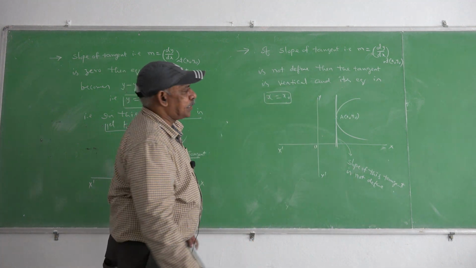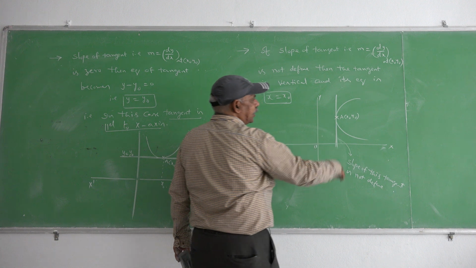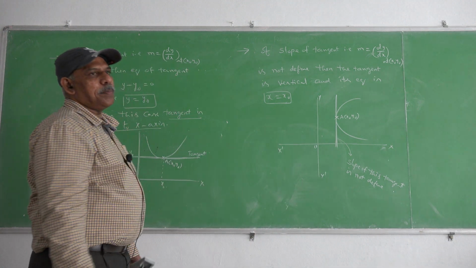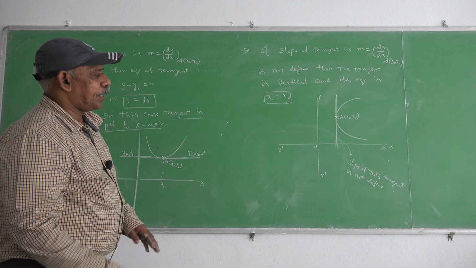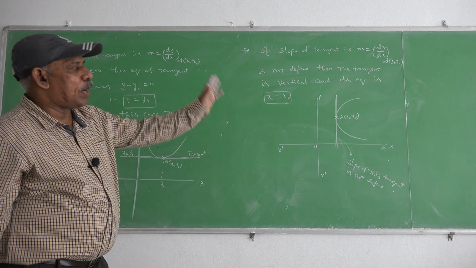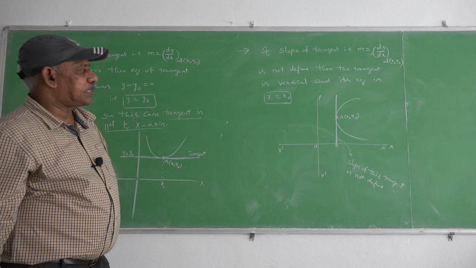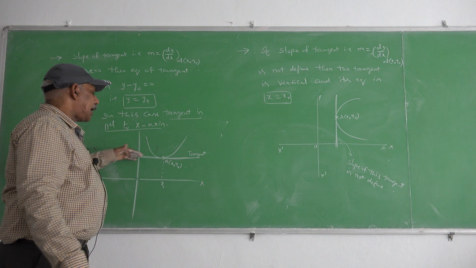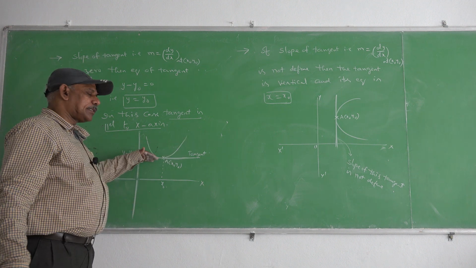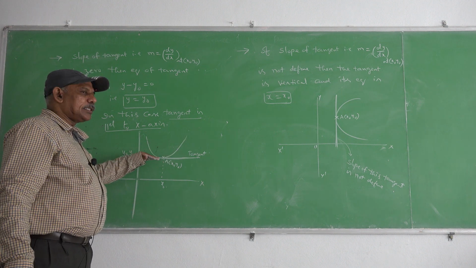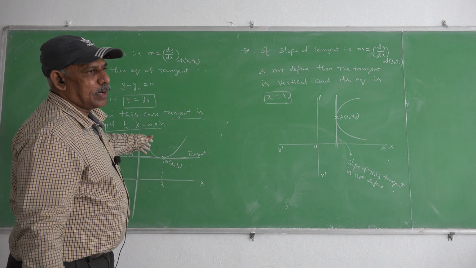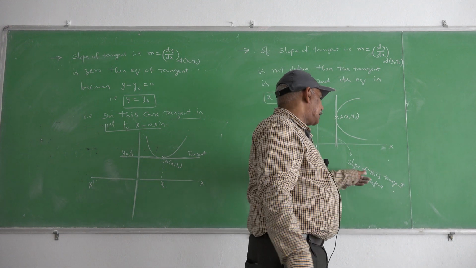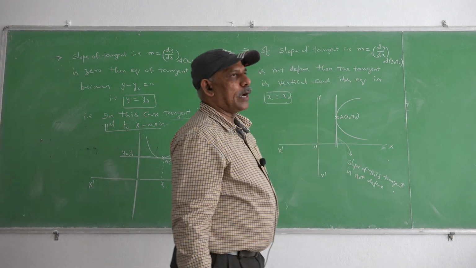The derivative does not exist at this point. The derivative is infinity. Once m takes the value infinity, the tangent is vertical, that means parallel to y axis, whereas once the derivative is 0, the tangent is parallel to x axis, horizontal. In case the slope is not defined, the tangent is vertical.